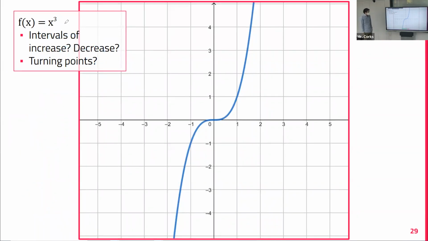Okay, so let's think about this and then kind of the whole turning point idea here. Where do you see positive slopes on this function? Okay, so on the right side here, positive, positive, positive, positive. What about on the left side? These are negatives.